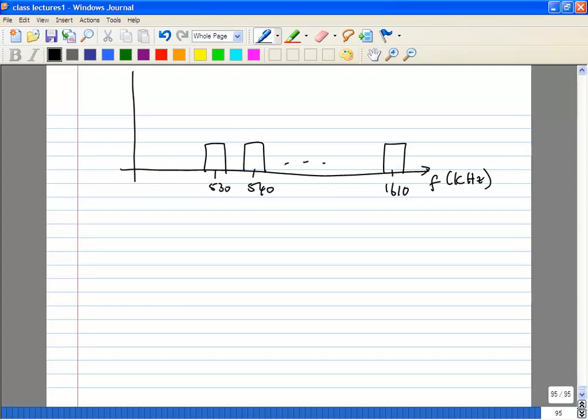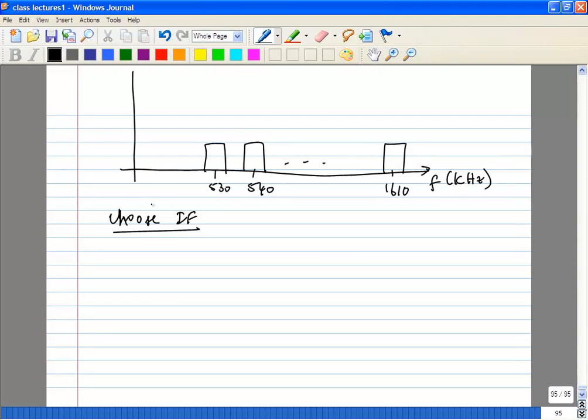Next we need to choose the IF. So you know what the frequencies are and what signal you need, what the band is. Next, choose IF. What is the standard?